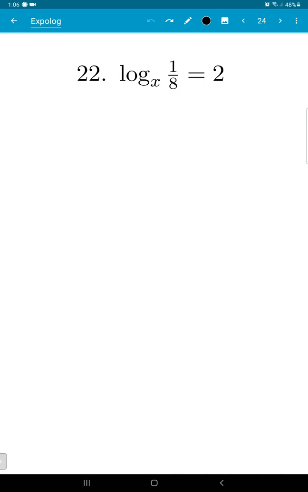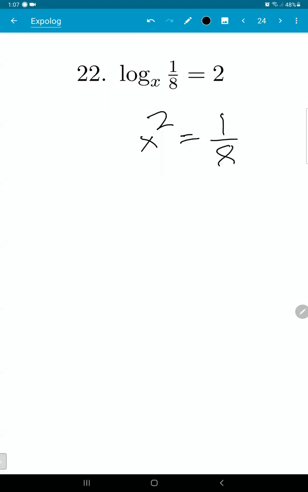Anyone? Can you write it in exponential form? How does it look in exponential form? You can send your answer to the chat box. Okay, x squared equals 1/8, correct? X squared then equals 1/8.